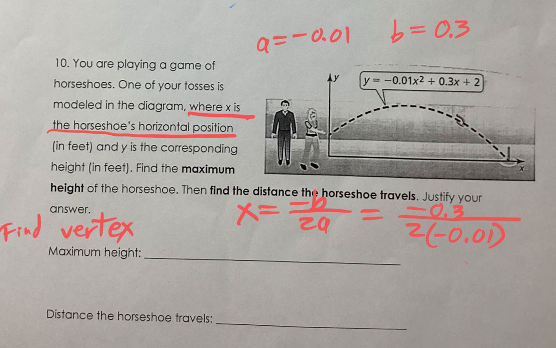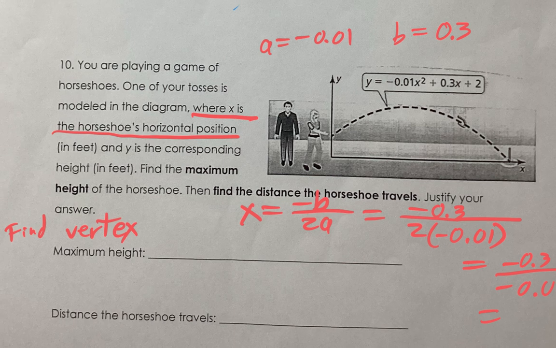Okay, so when I calculate all that out, that's going to give me negative 0.3 over negative 0.02, which turns out to be 15. Hopefully you found that to be 15. All right, so the x-coordinate of my vertex is 15.